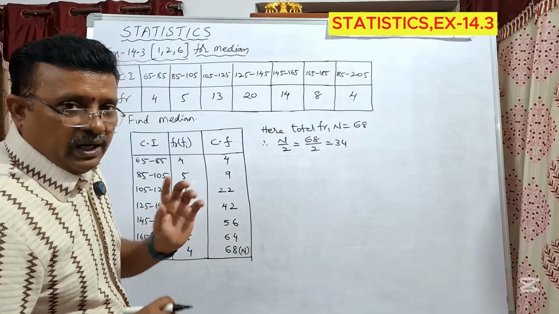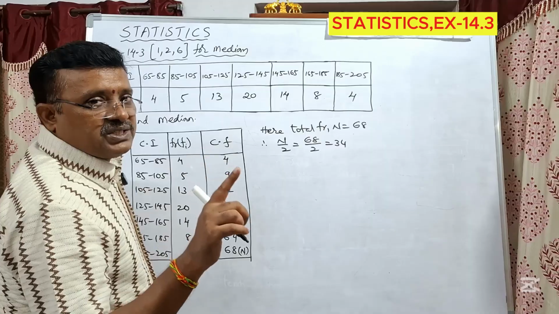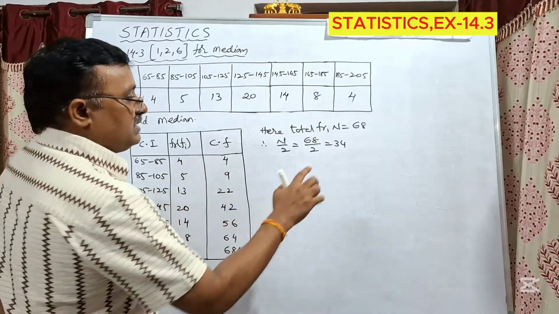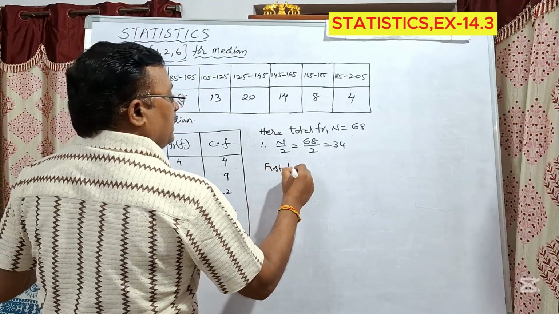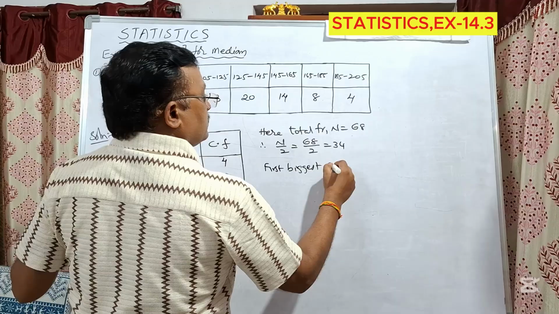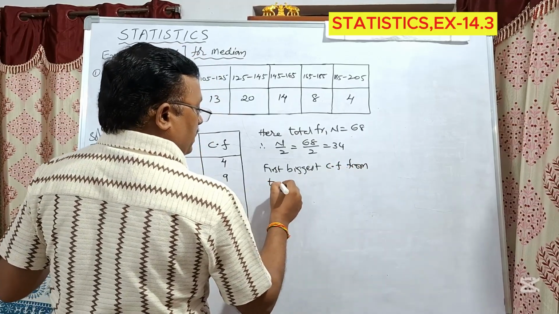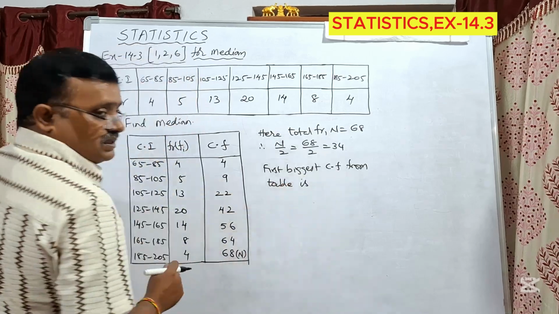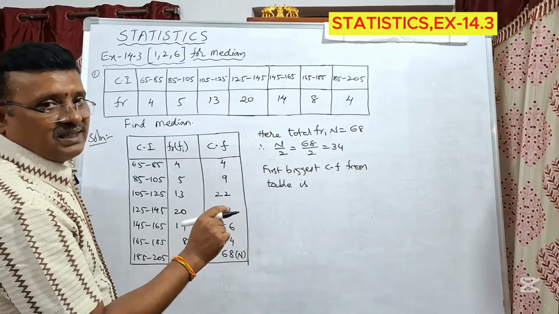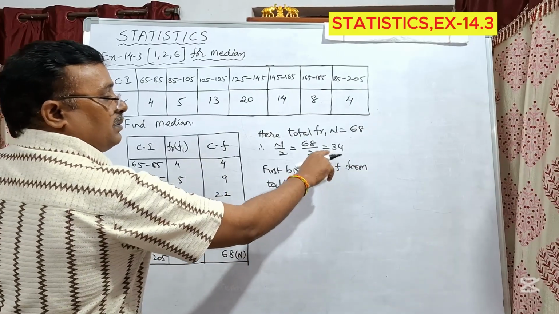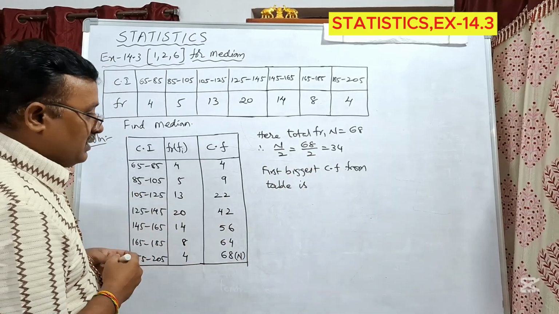The logical point is: trace out the first biggest cumulative frequency, the first biggest CF from the table, than this. More than 34, what is the first cumulative frequency? You find out that one.